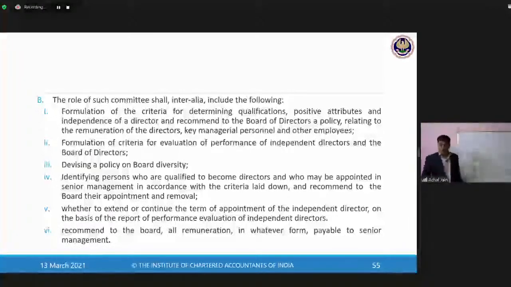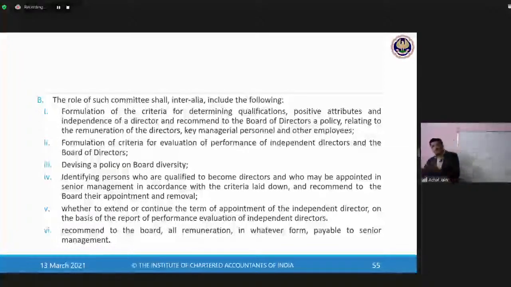Very important aspect of this: formulation of the criteria for determining qualifications, positive attributes, independence of director, and recommending to the board of directors a policy related to the remuneration of the directors, KMPs and other employees. So when it comes to the remuneration of the directors, of the KMP and some other employees at senior level, it's this committee which decides about it.